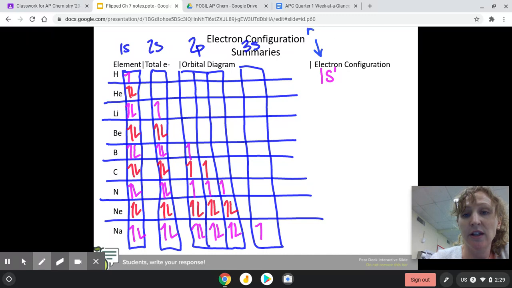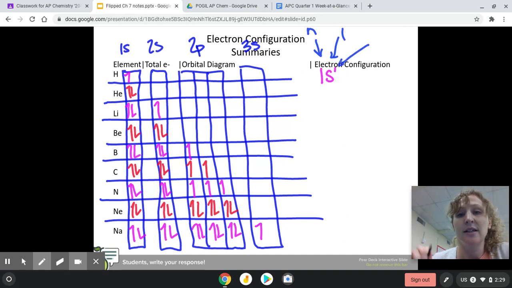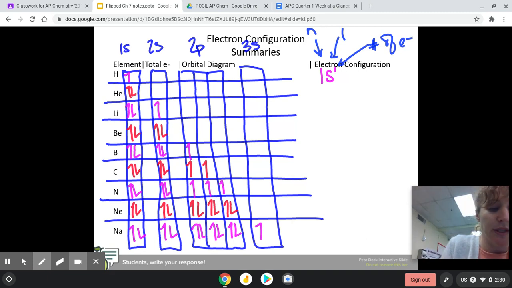You're going to have your energy level, which is your n quantum number. You're going to have your shape, which is your l quantum number. And then this superscript is going to be the number of electrons in that subshell. So we are doing this by subshell and not orbital. The 2p's will all be listed together instead of being listed as 3 separate orbitals.